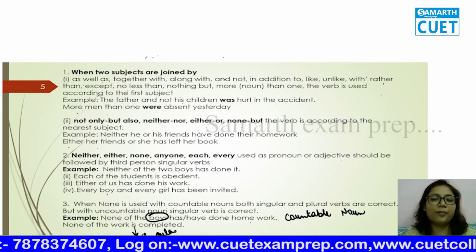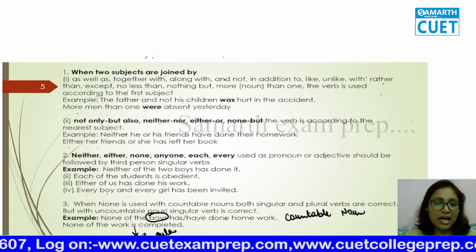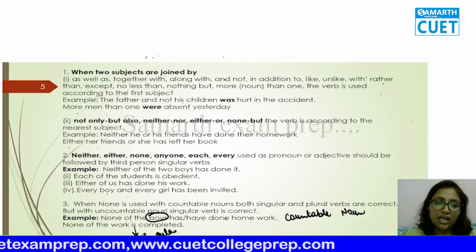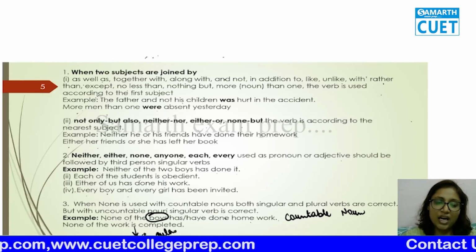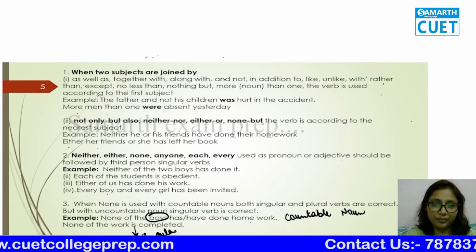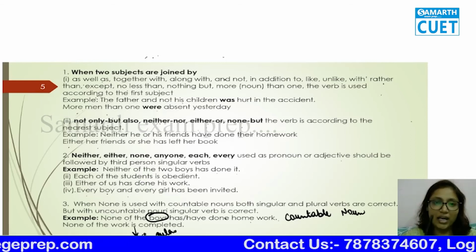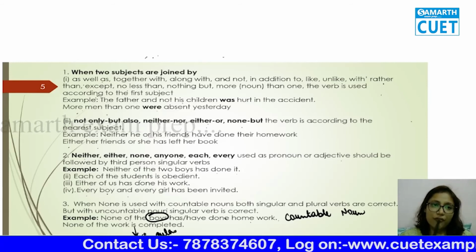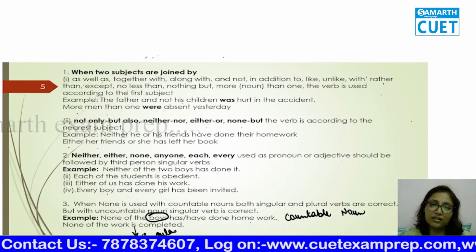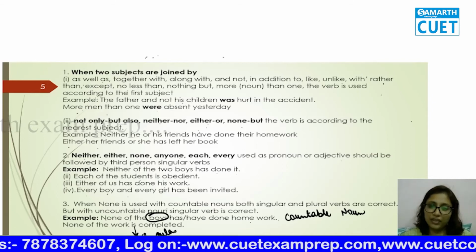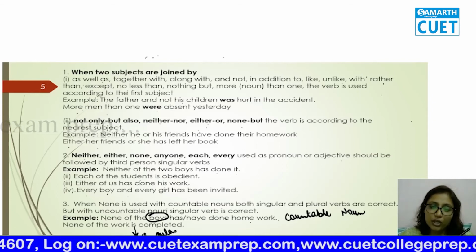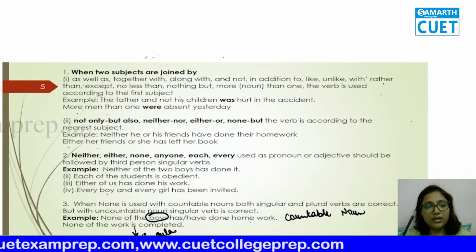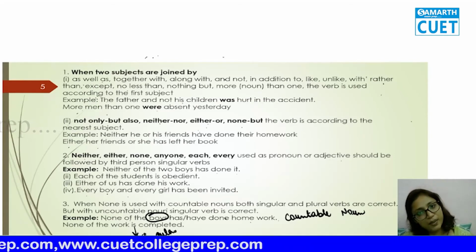Now you tell me, when we studied nouns, I told you an uncountable noun cannot be plural. Fuels, hairs, milks, right? So when they cannot be plural, the verb will always be singular. None of the work is completed.